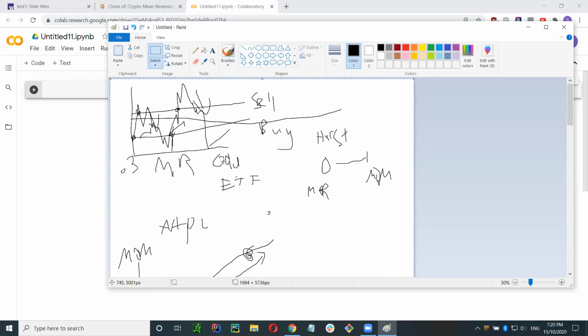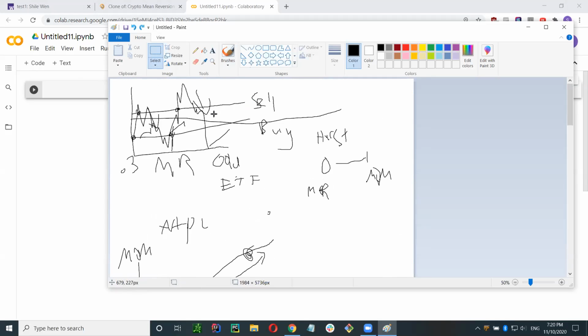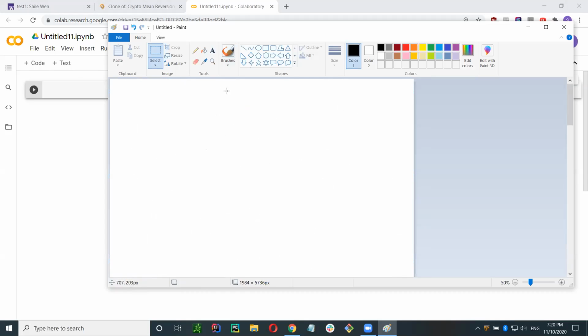Okay, so this is another concept, and this is from statistics. Let's just have a graph of degrees Celsius and ice cream sales. You'd probably notice some positive correlation, right?